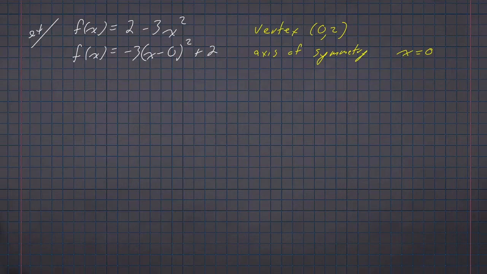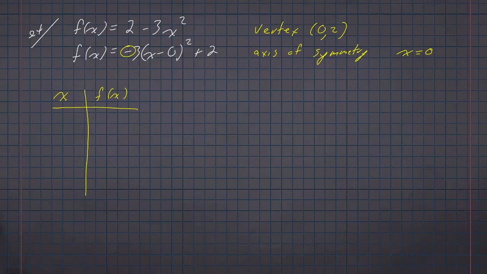The other thing I want to notice here is that my amplitude is negative. Whenever you have a negative amplitude, it ends up mirroring the graph. So if I take a look at my key points, my vertex is at x equals 0.